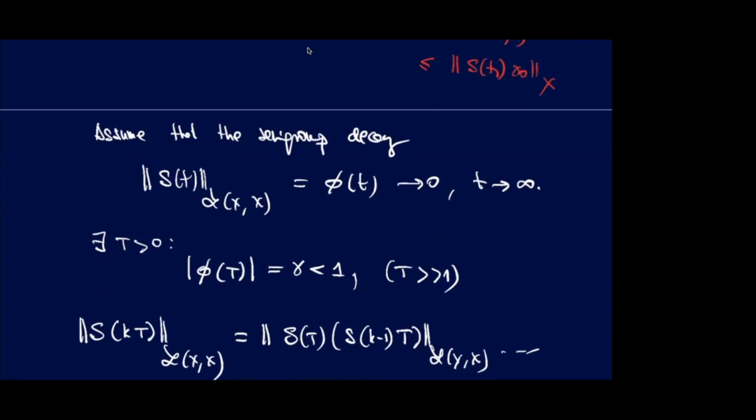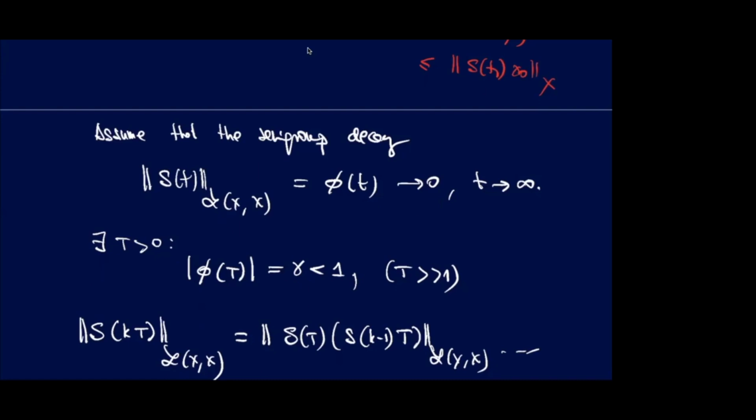Of course, you could normalize things to say, well, because phi goes to 0, rather than looking at generic gamma, I will take gamma equal to 1/2. I can always check just the dissipativity rate out of the time instance in which the semigroup reaches the level where the norm is 1/2.